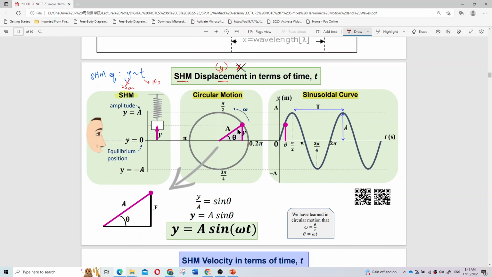To compare. When the object is over here, that means the ball starts from here. Correct or not, class? Class, give me some response. And then the point is over here. If the object has reached the amplitude, that means the ball is already reaching here, and then the graph has reached here.